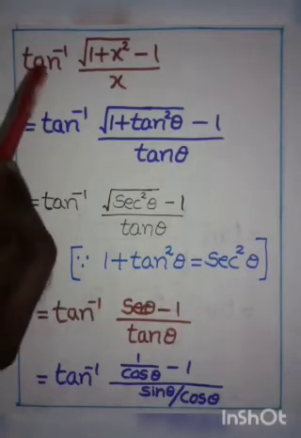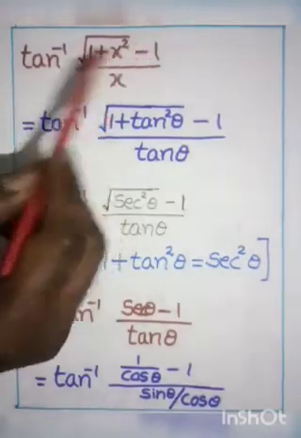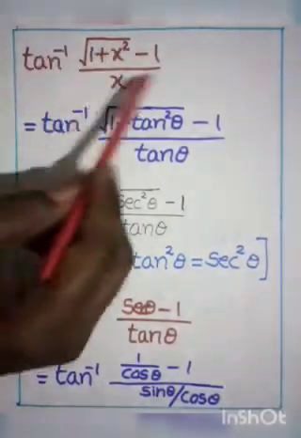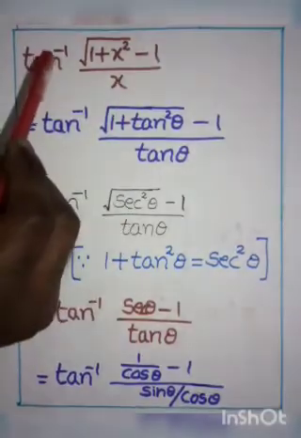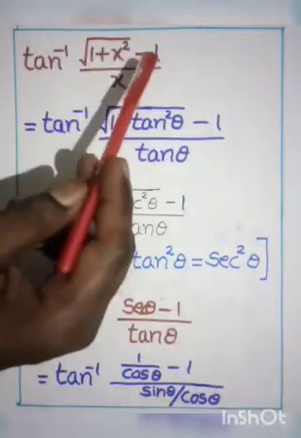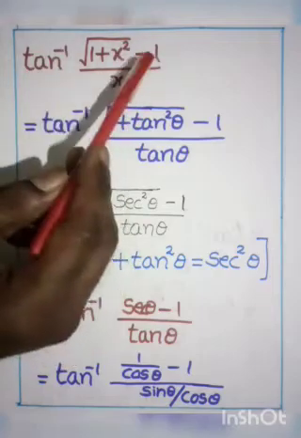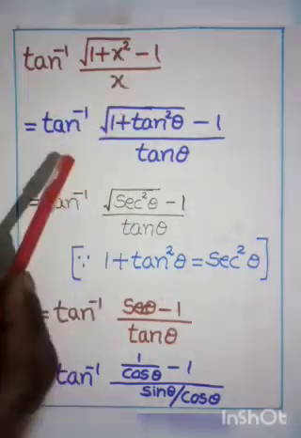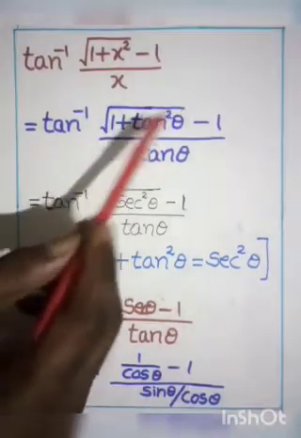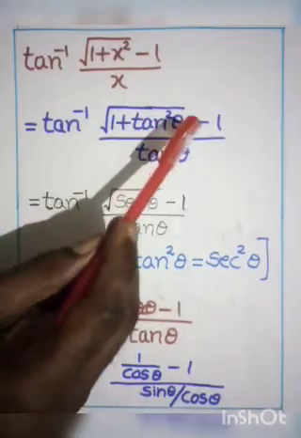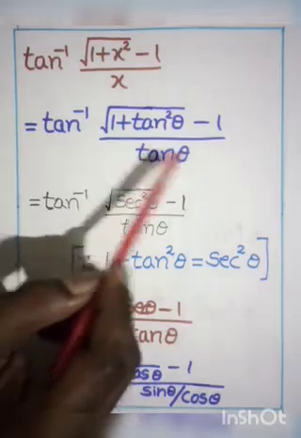Now let us take the given inverse trigonometric function. Now we have to write it in the simplest form. By using the substitution technique, we are writing this function in the simplest form. So that is equal to tan inverse of square root of 1 plus tan square theta minus 1 whole divided by tan theta.